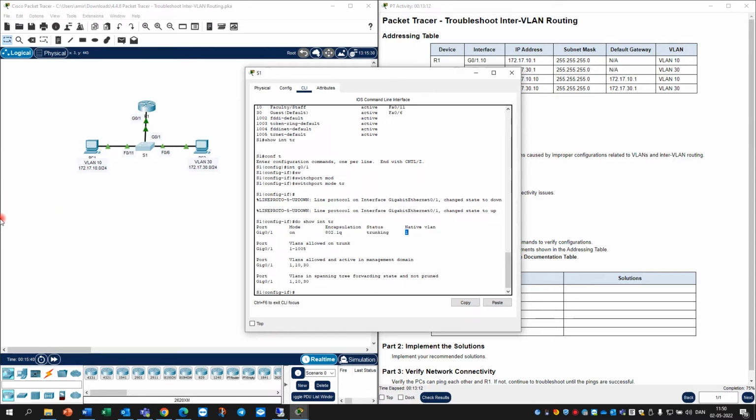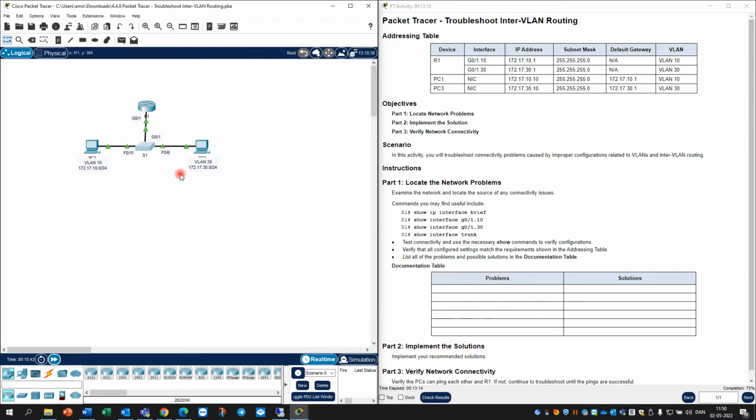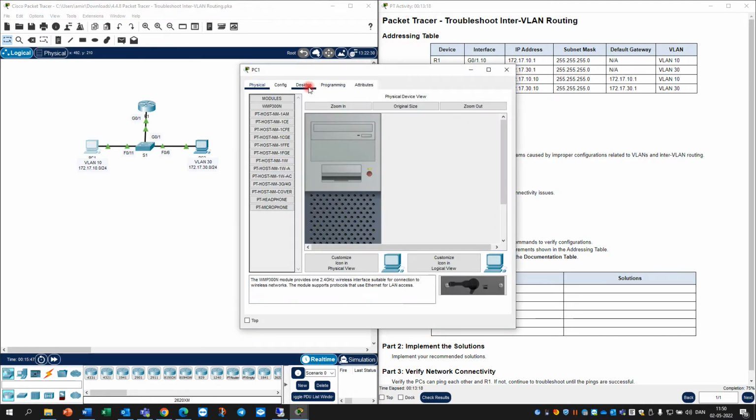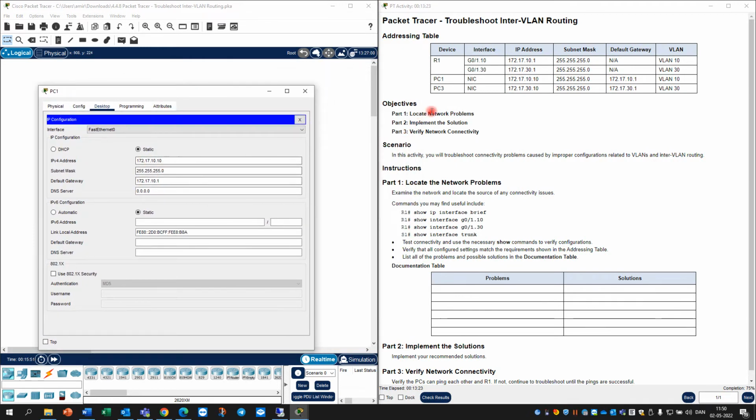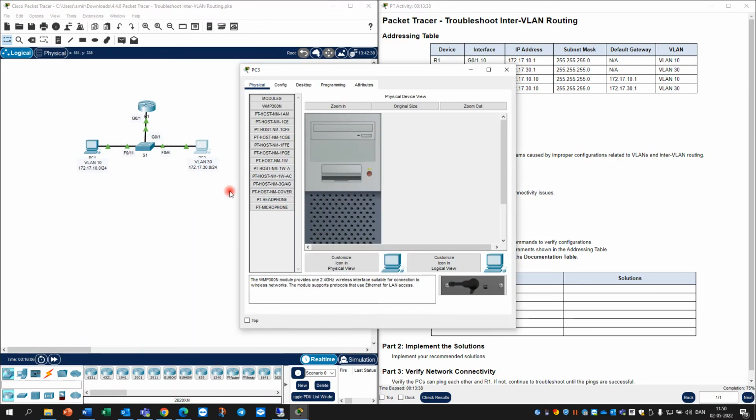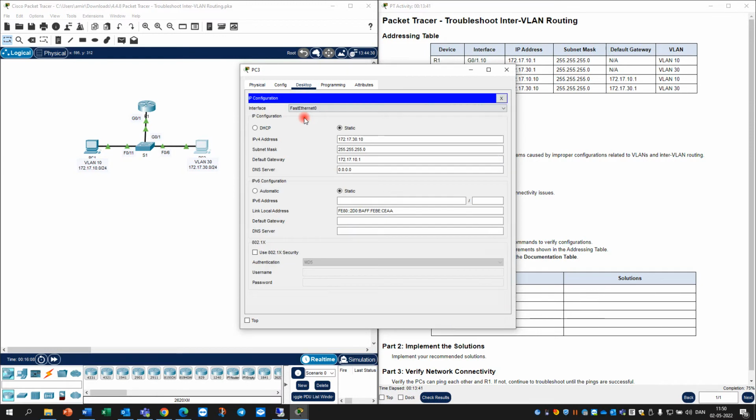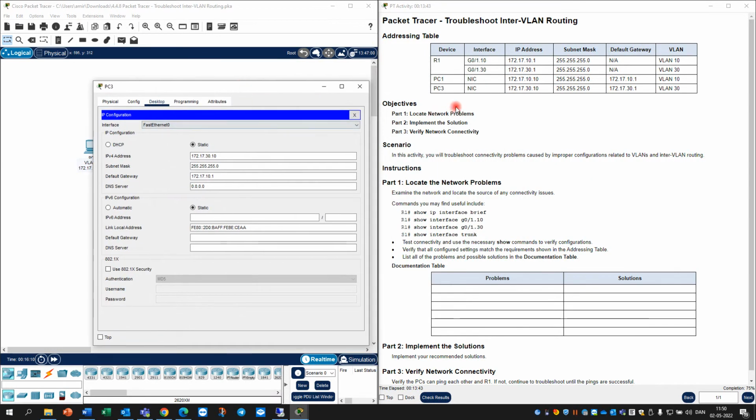But what about other problems? We should check the IP addresses of PC1 and PC3. PC1 is 10.10, and that is correct, and the default gateway is also correct. It's a member of VLAN 10, and the network address is right. And what about this computer?